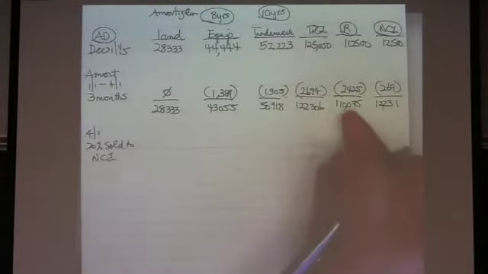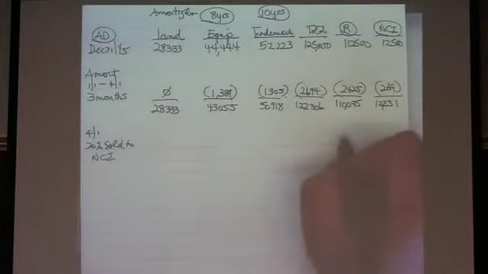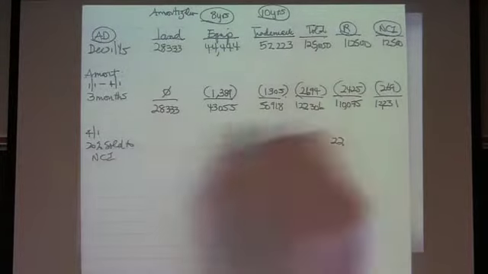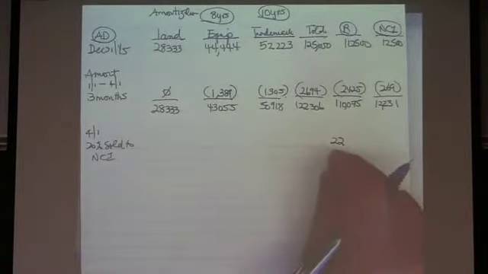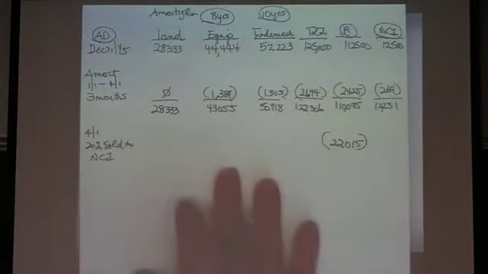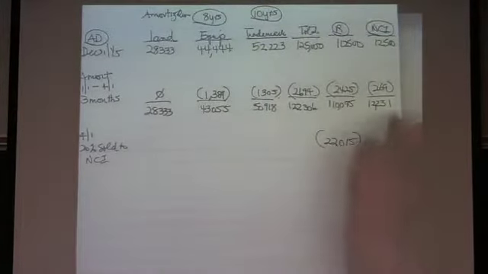So 20% of 110,075 times 20% gives us 22,015. I'm going to take it away from Regent, the parent. I'm going to give that to the non-controlling interest.